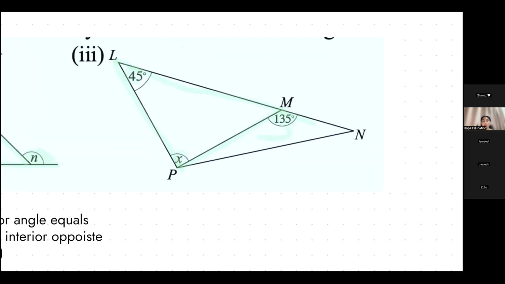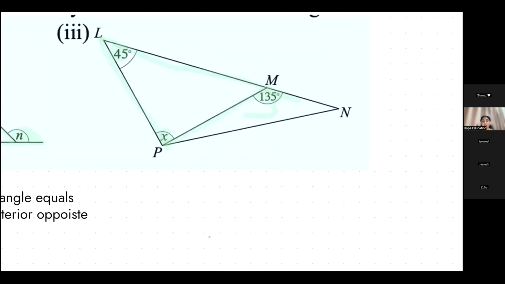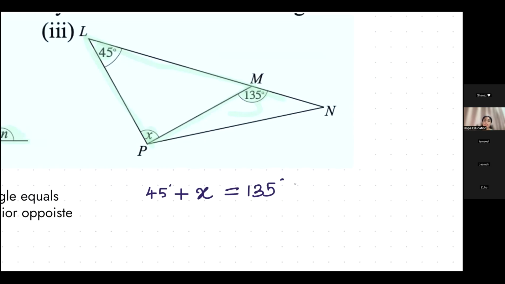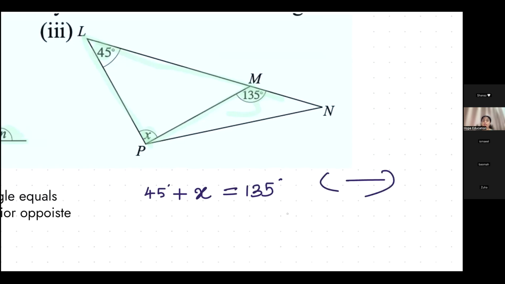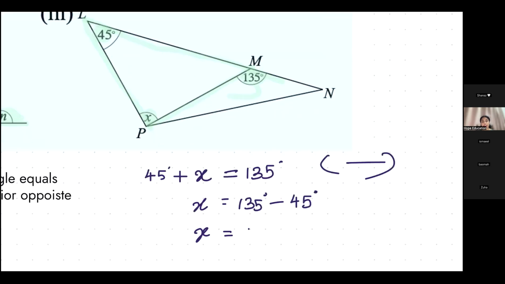And now directly, 45 plus x equals 135. Same reason. Therefore, x is equal to 135, I'm going to bring 45 to this side. Therefore, x will be equal to 90 degrees. Is this clear, Lamai?